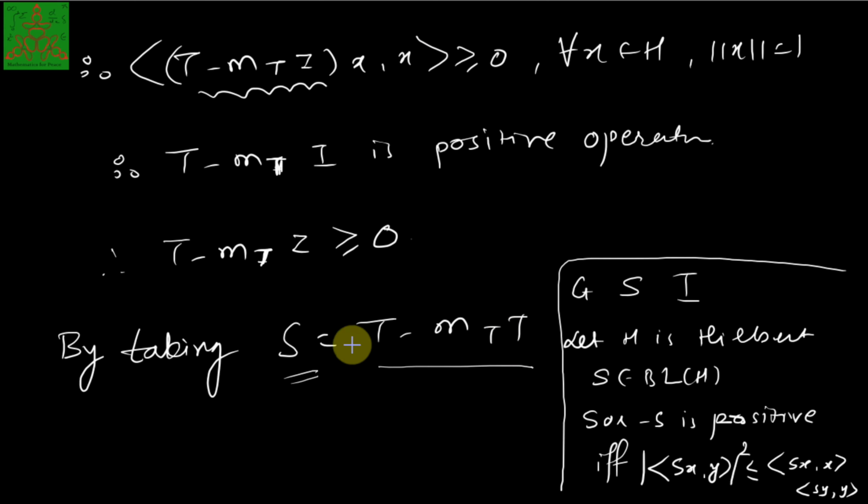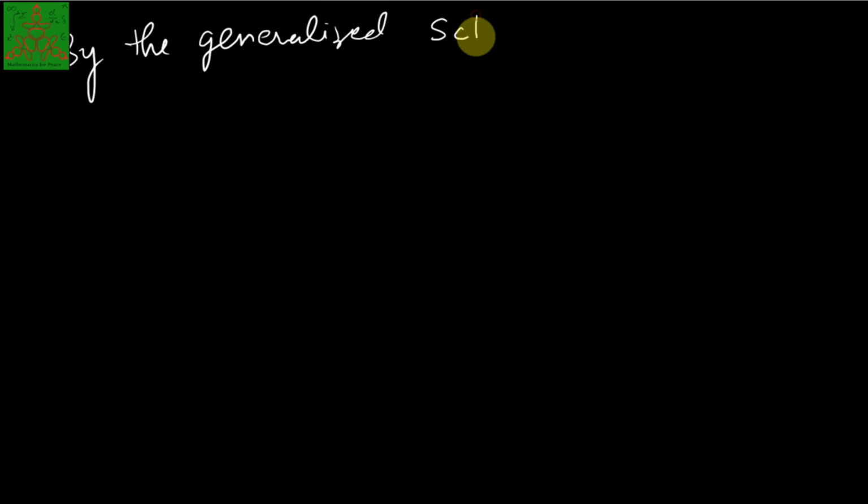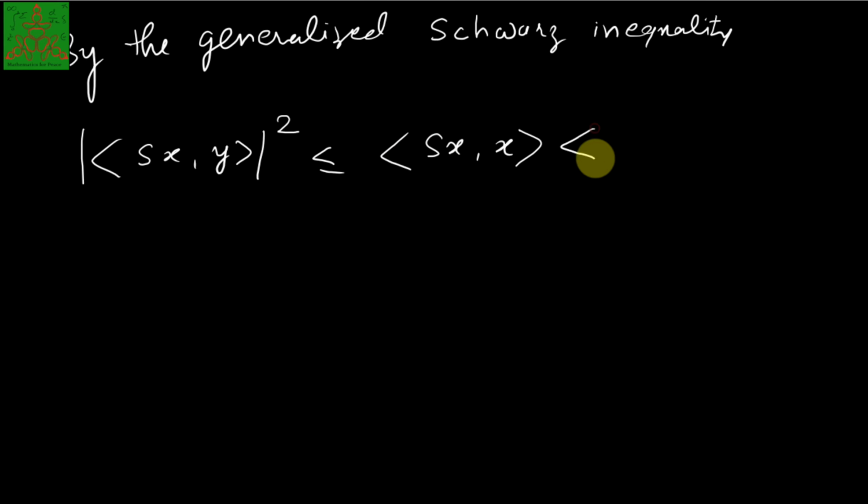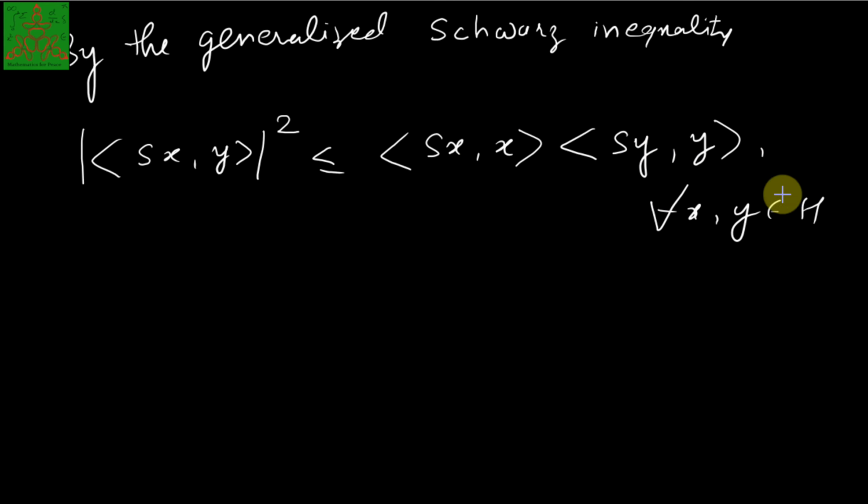So applying this generalized Schwarz inequality, by the generalized Schwarz inequality, |⟨Sx, y⟩|² is less than or equal to ⟨Sx, x⟩ times ⟨Sy, y⟩ for every x and y belonging to H. This is true.